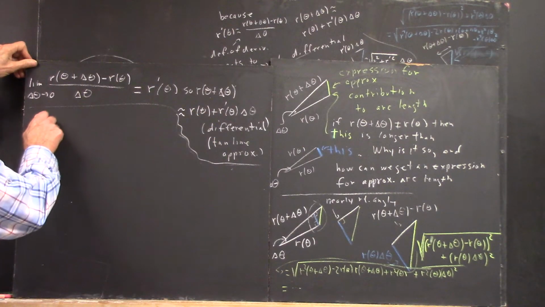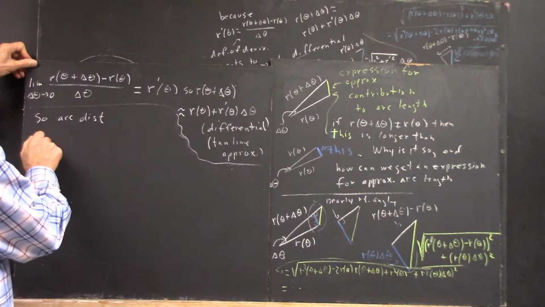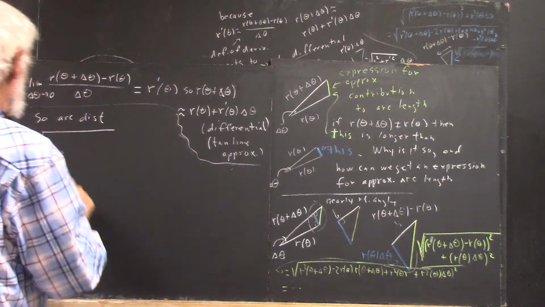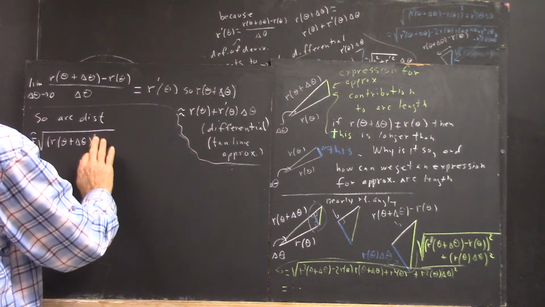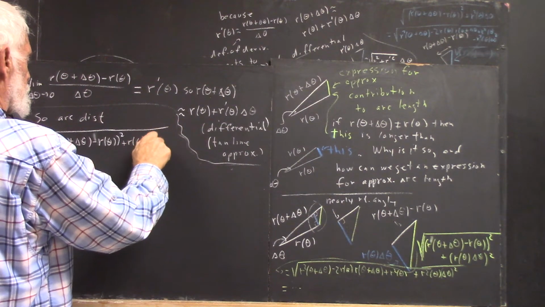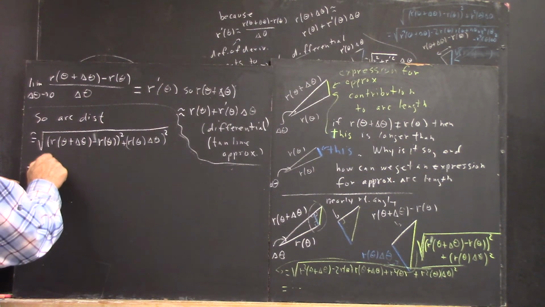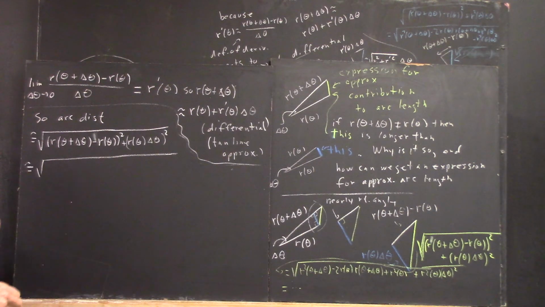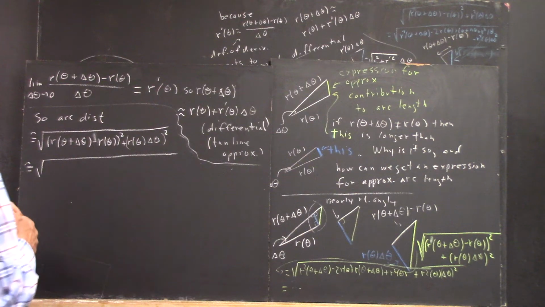So we get, okay, we've got this. Well, that equals the square root of, or is approximately equal to the square root of, and when I say approximately equal, again, in everything I'm doing here, I mean approximately equal in the sense that as delta theta approaches 0, the approximation approaches being exact.